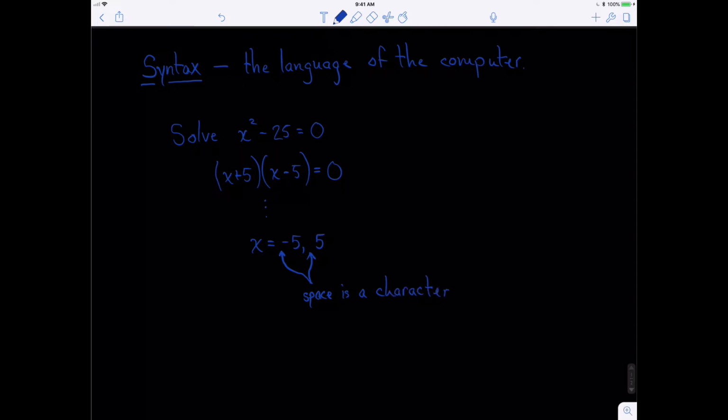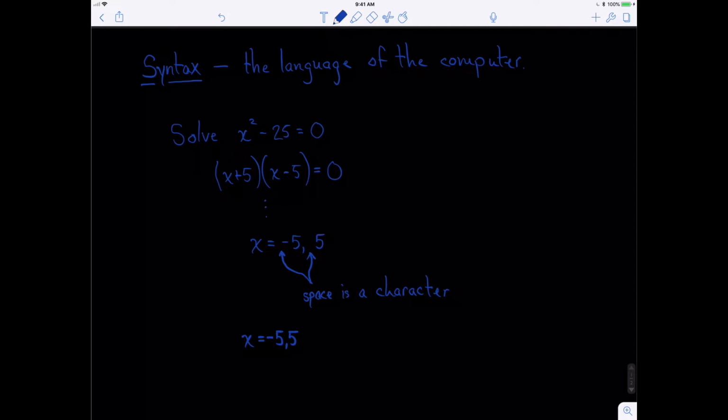So really, if you were to type these two answers, you'd want it all squished together, like this.